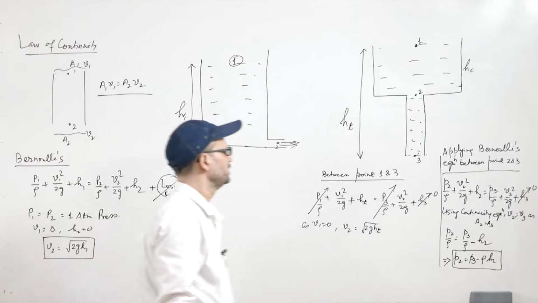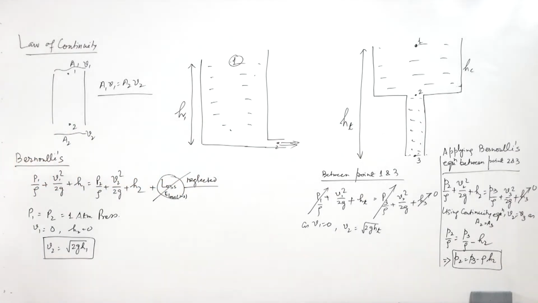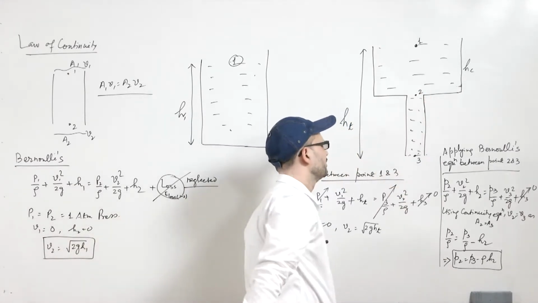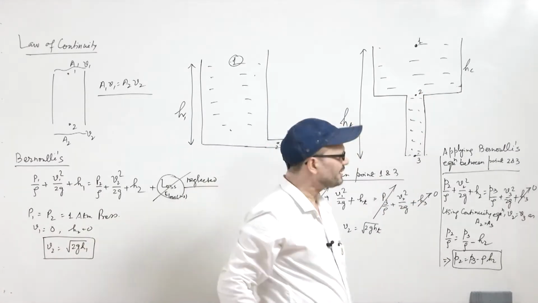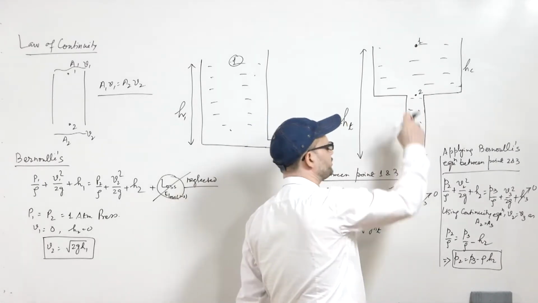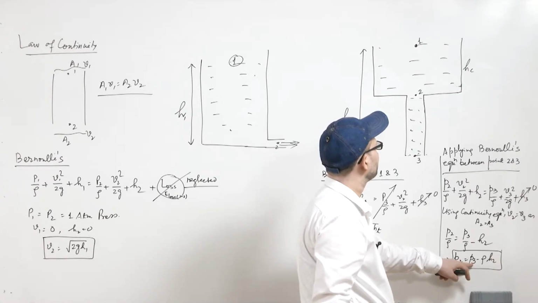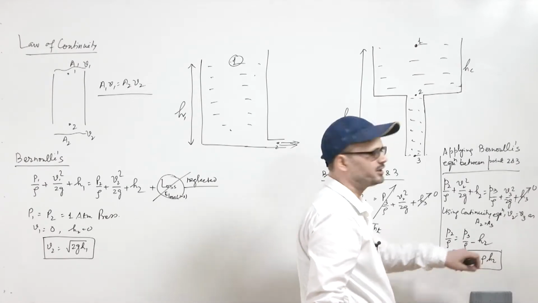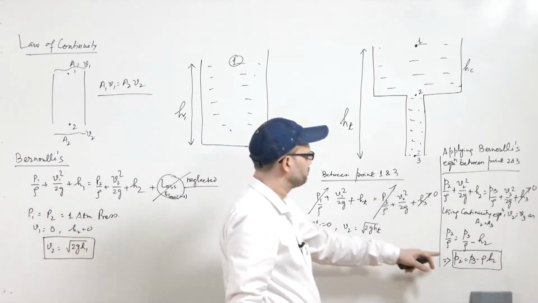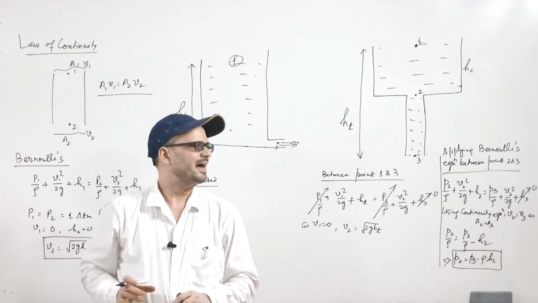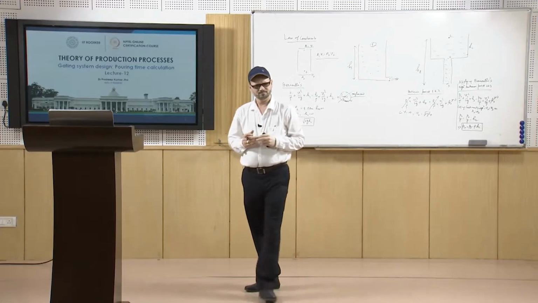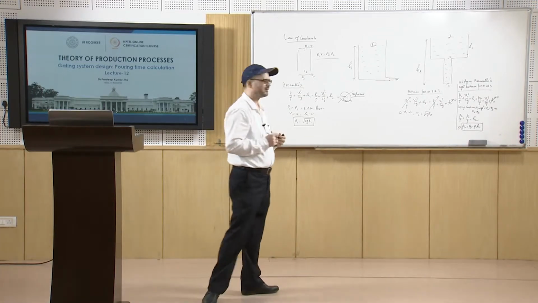Now, what does it tell? This tells that if you are putting this channel straight, at this point P2 the pressure will be less than P3 by this quantity, and P3 is the atmospheric pressure. So, at this point the pressure becomes less than the atmospheric pressure, meaning a vacuum is generated.